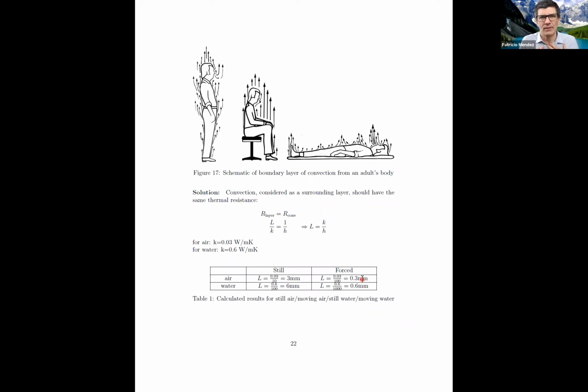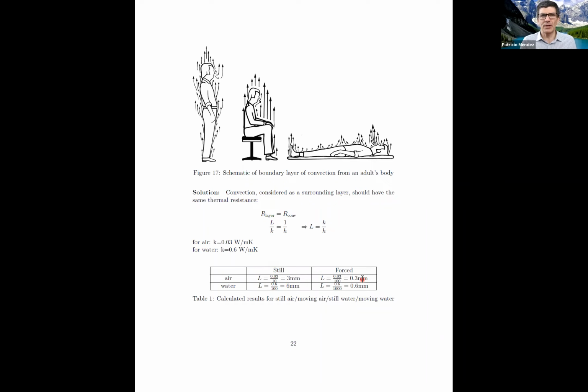So I have clothes. But if you don't have clothes, you still have a layer that is protecting you from losing all the heat, this boundary layer, right? And if you increase the velocity of the air and you force it, all of a sudden this layer of air that is protecting you is 10 times thinner. So to some extent, you have an invisible jacket that wind makes very thin.